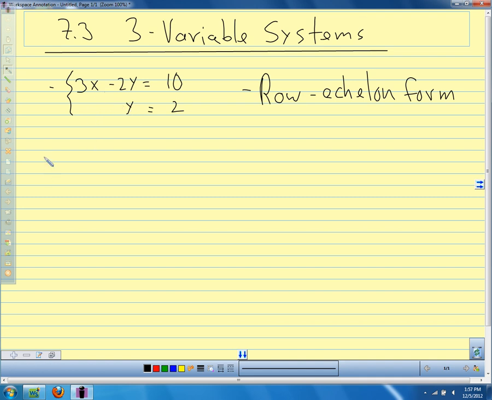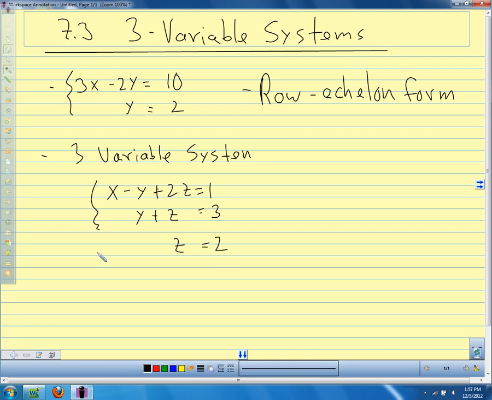With a three variable system, our goal is to get our equations to look like this, just an example, row echelon form: x minus y plus 2z equals 1, y plus z equals 3, and finally z equals 2.